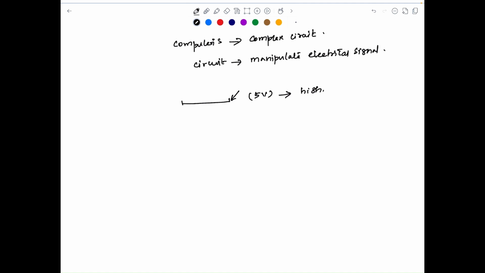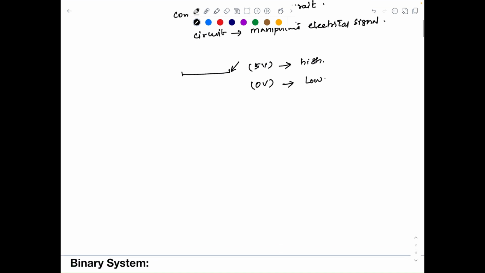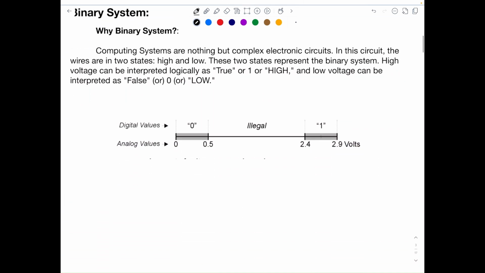If there is no voltage, zero voltage, then we consider that as low. Logically, we have two states to represent the values: one is there is voltage here and the other is there is no voltage here. Since we have only two states, that's why we have a binary system here.